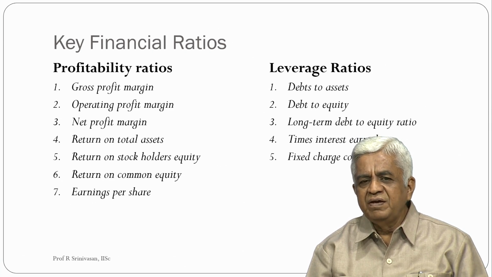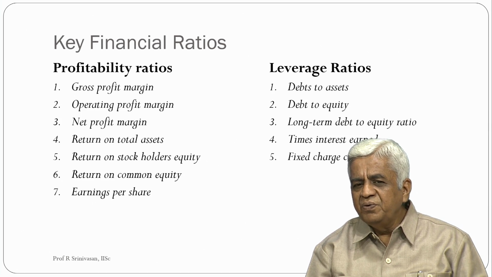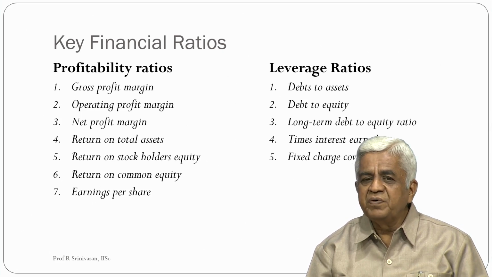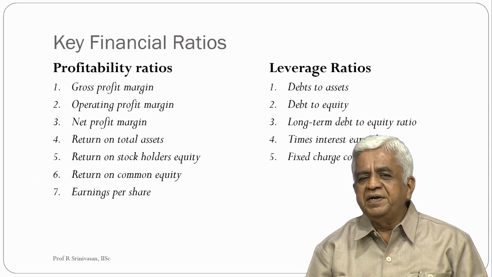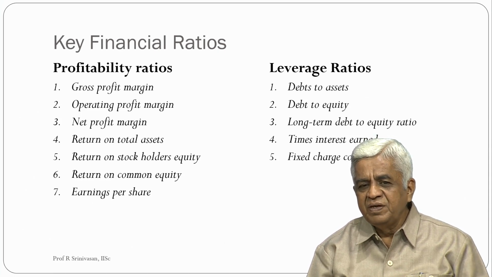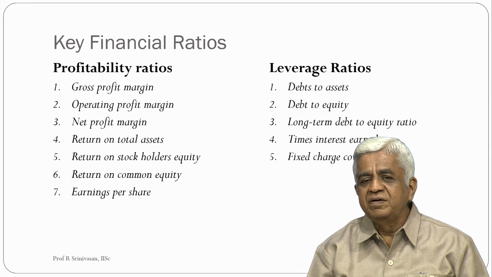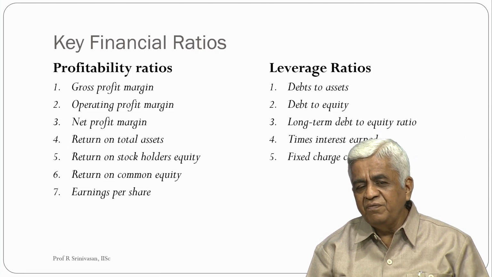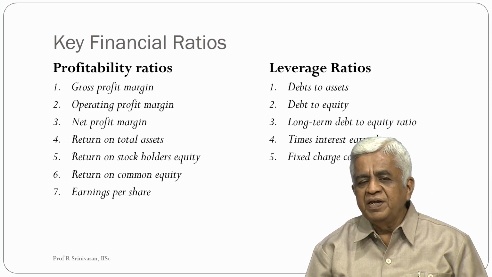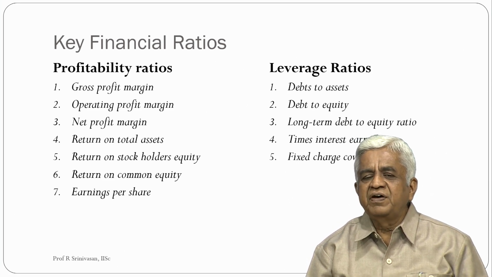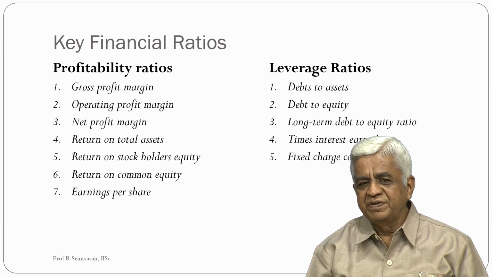Normally we say it can be double what you have invested. That is, suppose you have invested 1 rupee, you can take a debt of 2 rupees, not beyond that. If you are within this 2 rupee margin, you are in a better position to service these assets.